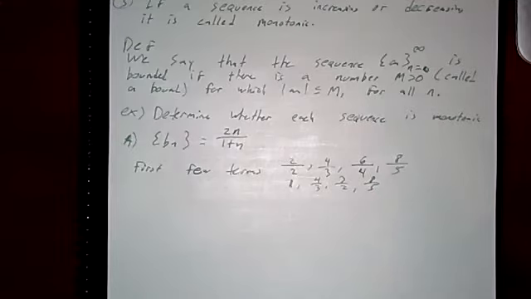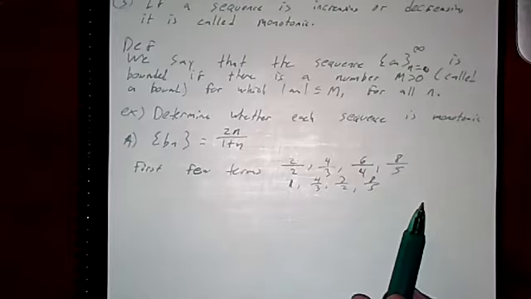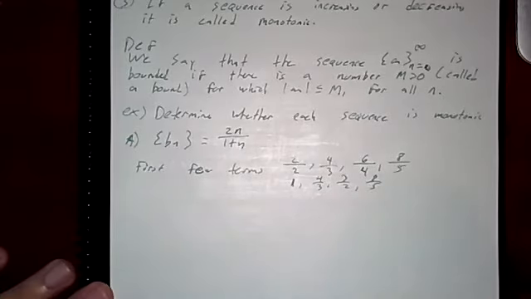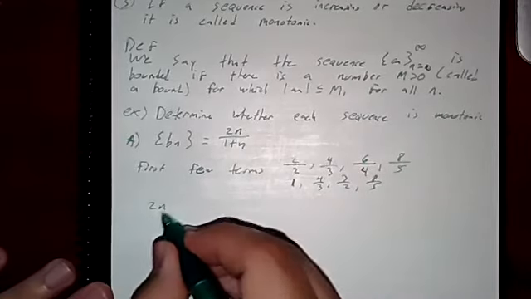But do we know for sure that it's going to stay that way for the next billion terms? We can't just keep writing it forever, right? So what we're going to do is check for a general n plus 1. So we're going to say, all right, here's the nth term.